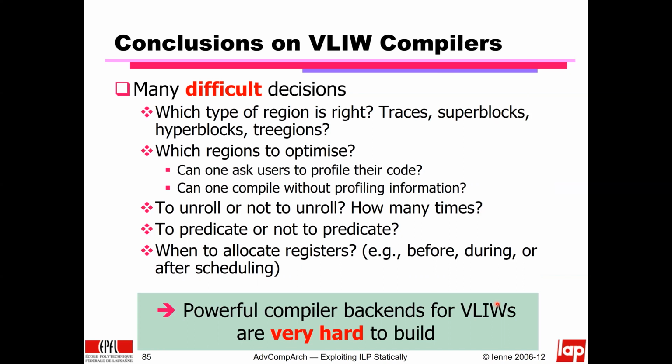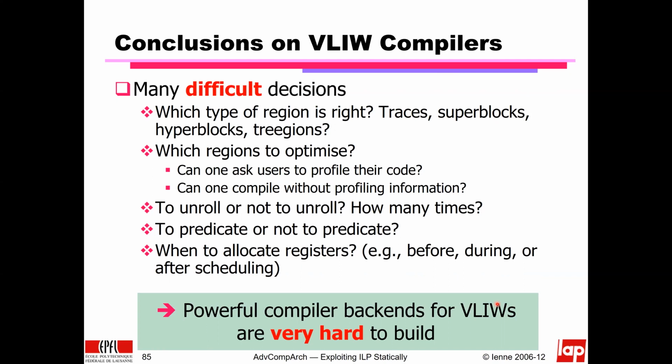You all have compiled programs, and you all have been unhappy with how long it took for GCC to recompile the program. Now imagine that the problems to solve are 10, 100 times more difficult, and therefore it takes 10, 100 times more time to get the code out, and you'll see how unhappy you may be.